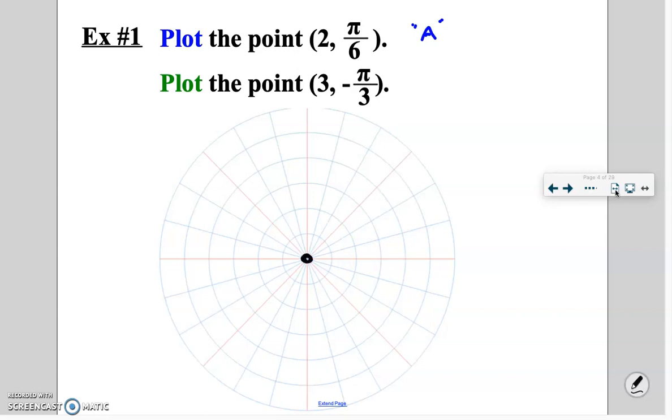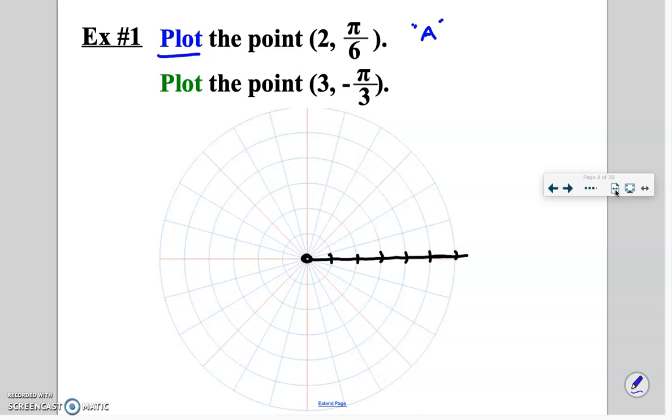So we have the pole and we have the polar axis. On the polar axis, again, we are 1 unit away, or 2 units away, 3 units away, 4 units away, 5 units away, 6 units away. This is infinite. We could go as far out away from the polar axis as we could possibly want. In this first example, we're looking at 2, pi over 6.